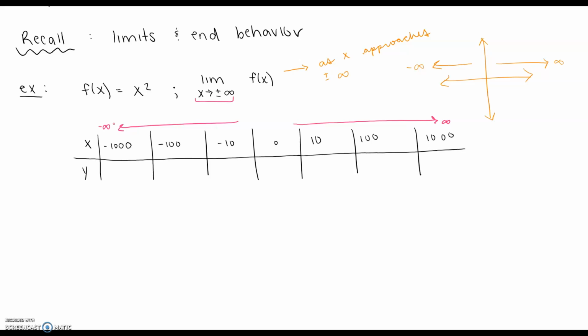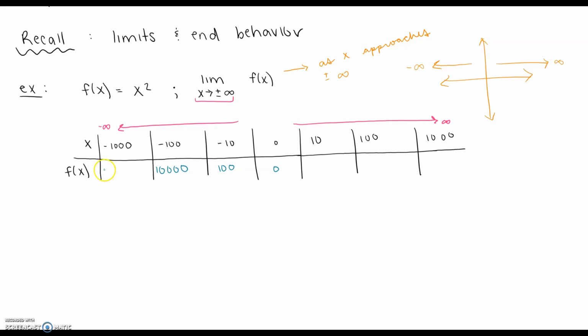Now what we do is we substitute in our values. Substitute this into f of x. So here, instead of having y, let's change that to be f of x. So when I substitute in 0, we get 0. When I substitute in negative 10, we get 100. Well, you don't need a calculator for this, hopefully. When I substitute in negative 100, negative 100 squared is 10,000.